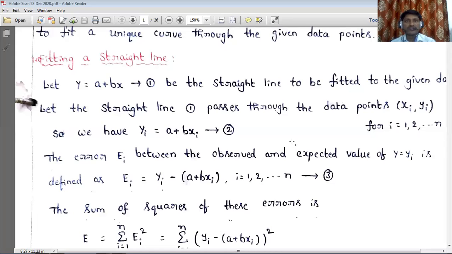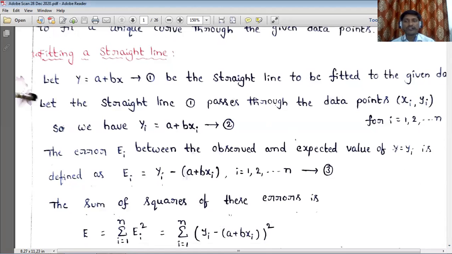So exact minus approximated one, right? That is why here we are writing the error between the observed and expected value of y. It means, suppose you write an exam, after writing the exam you have some guess. I guess I will get 90 marks.